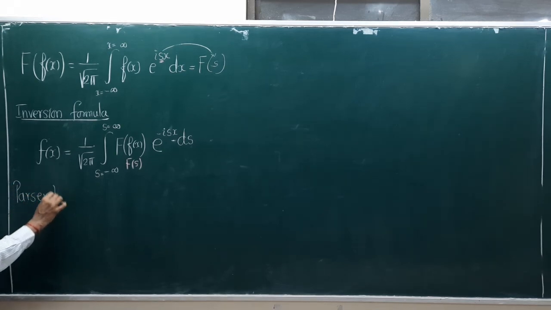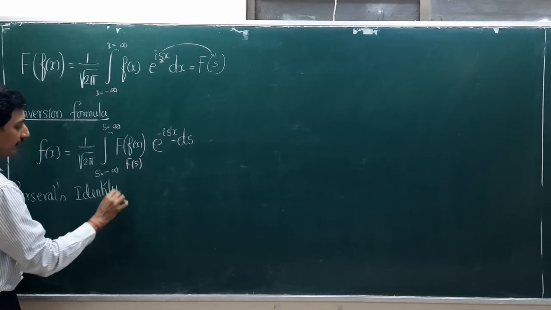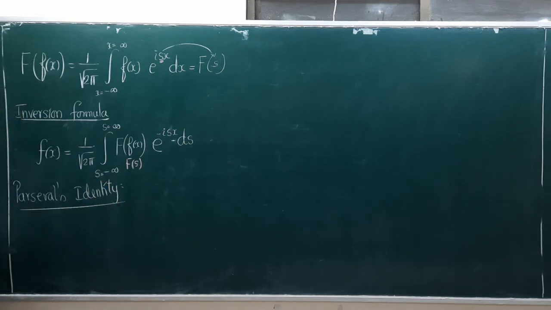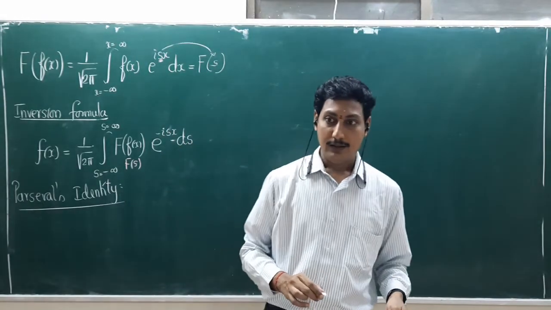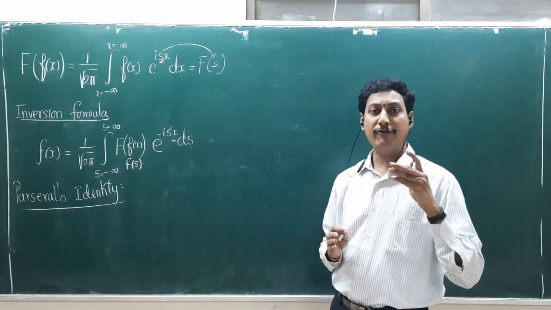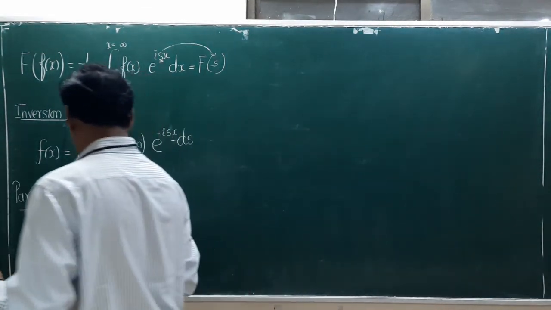Apart from that, we have Parseval's identity. What is Parseval's identity for the complex Fourier transform? It relates the values of f(x) and its transform.